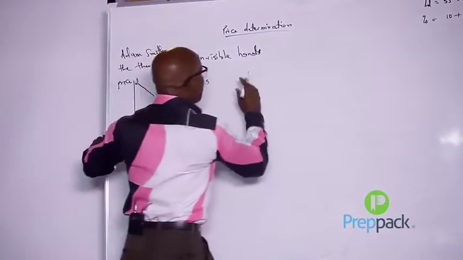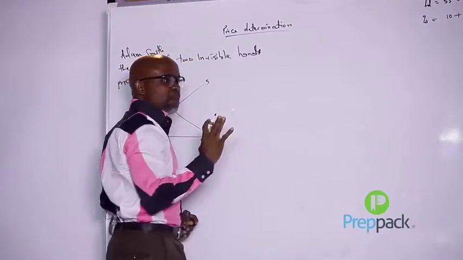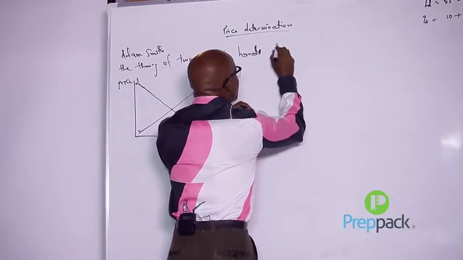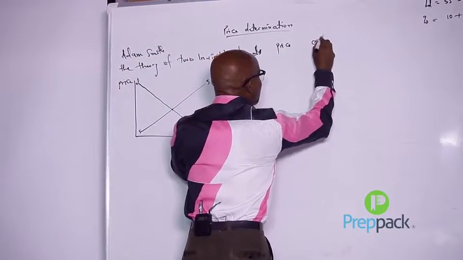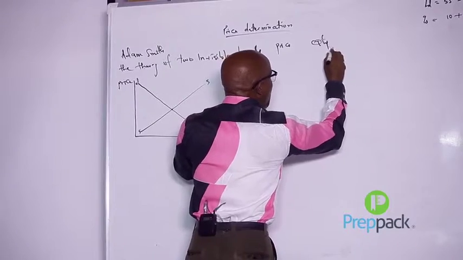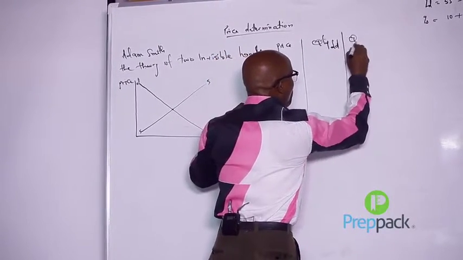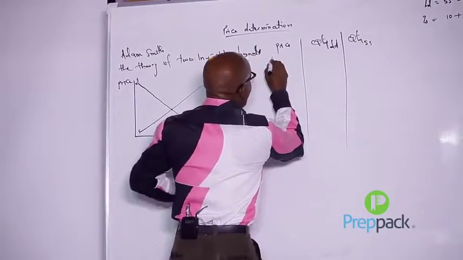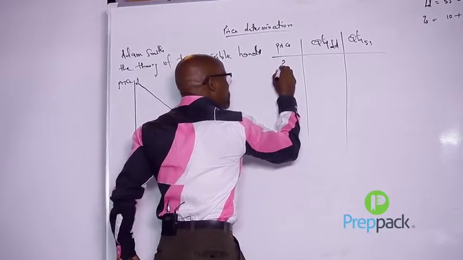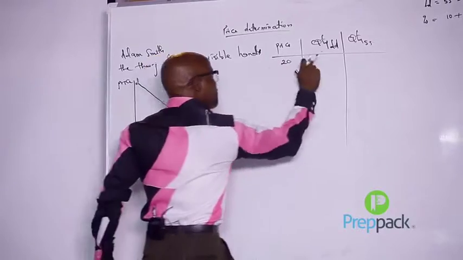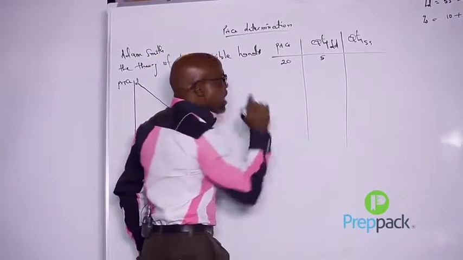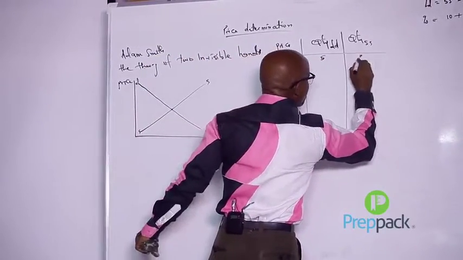Now, let's use a simple table to explain this. If this is my price, and this is the quantity demanded, while this side is the quantity supplied, then we'll have it this way. When the price was 20 naira, demand was 5 and supply was 30.